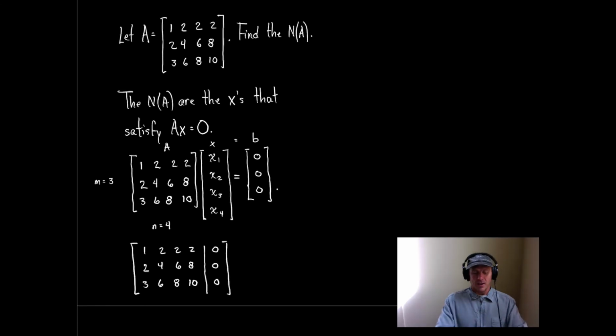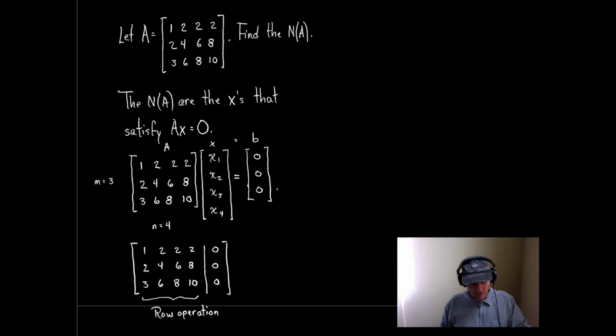Now, when you're solving Ax equals 0, it doesn't matter what row operations are performed on A. We want to take A to U, and today we're even going to take it to R, a new matrix.